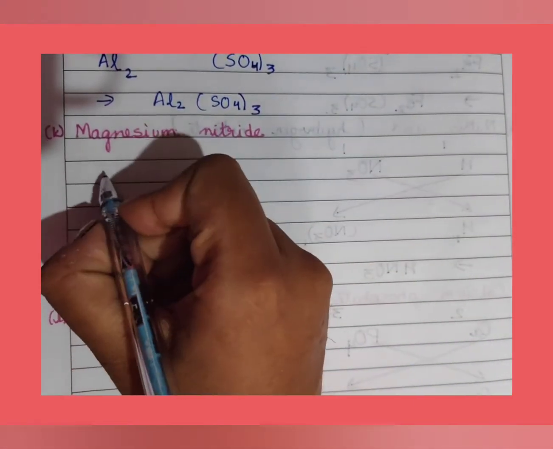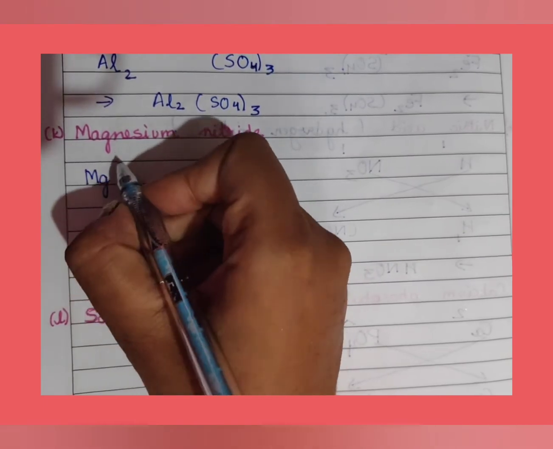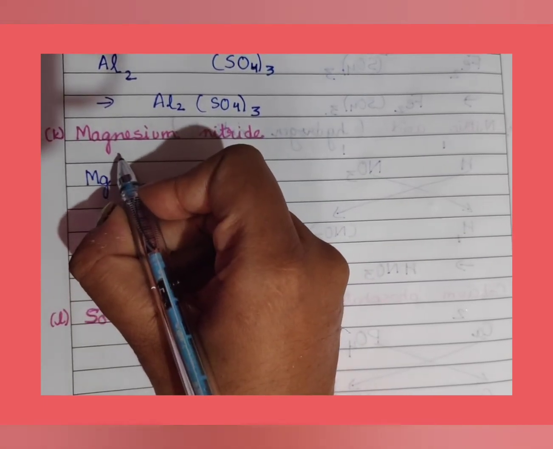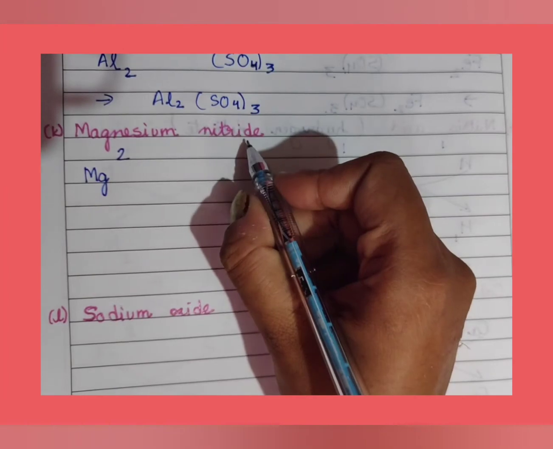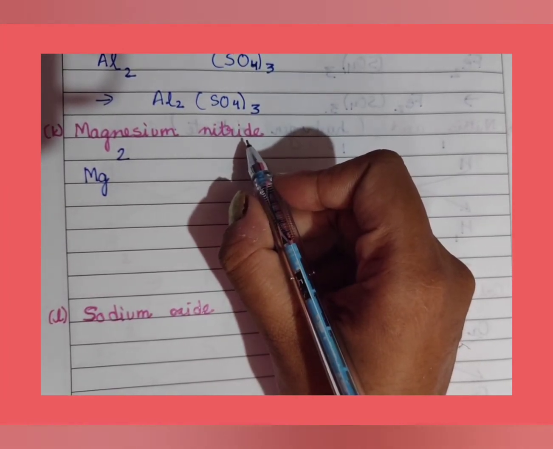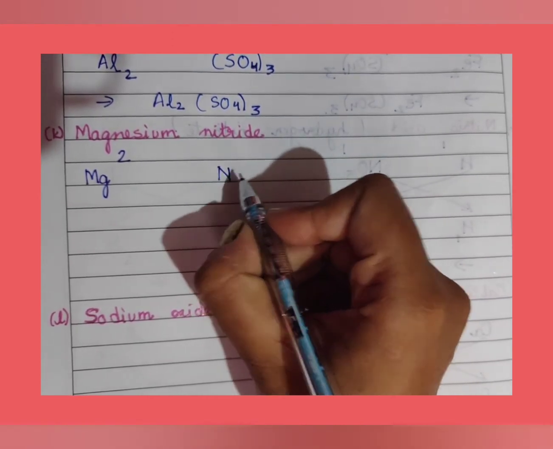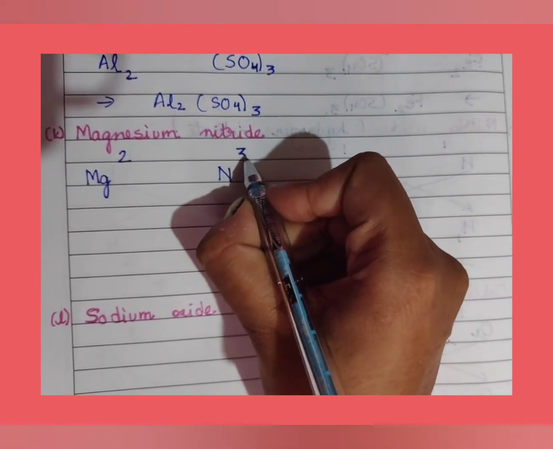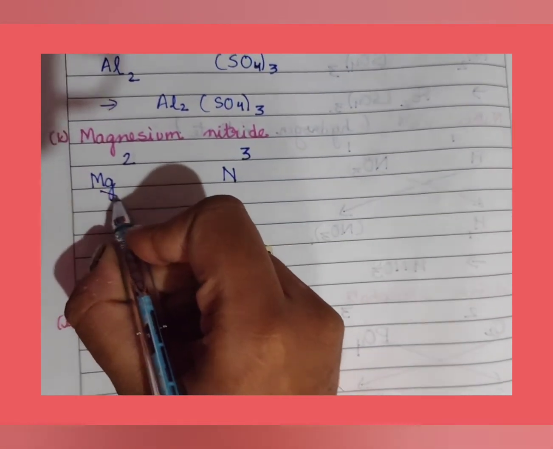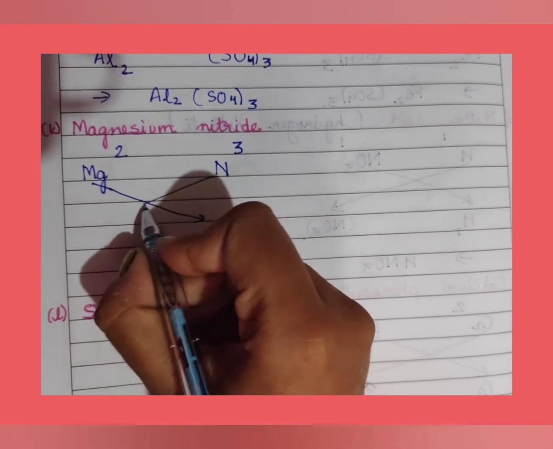Now comes magnesium nitride. Magnesium symbol is Mg and its valency is 2. Now what is nitride? When nitrogen remains in the combined state, it is called nitride. So it is N and its valency is 3. Now they will interchange the valencies.